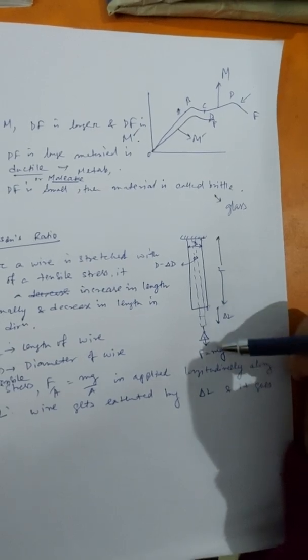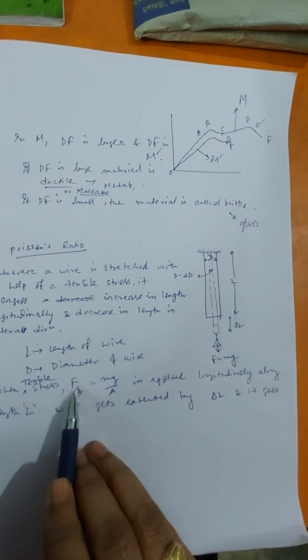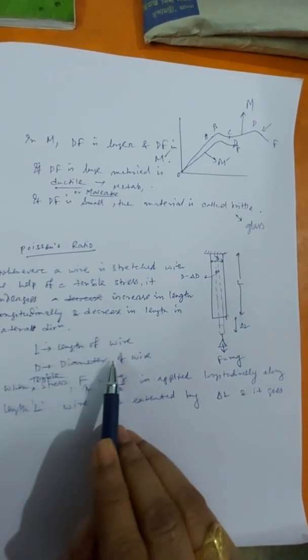Say after applying this force, tensile stress F by A is applied, and L is the length of the wire, D is the diameter of the wire.